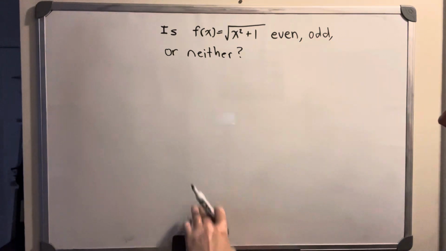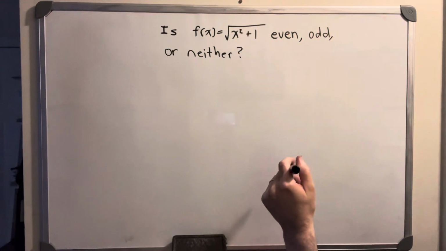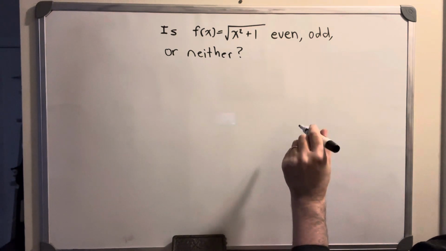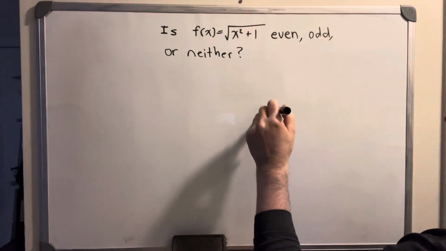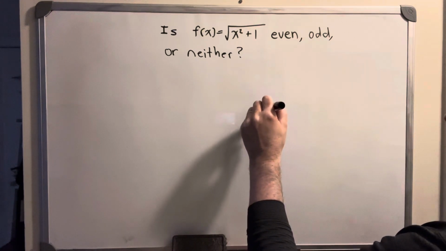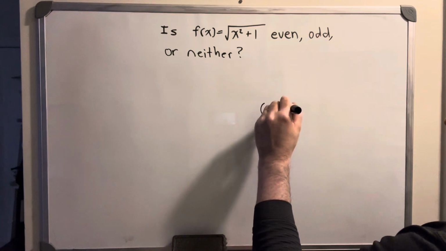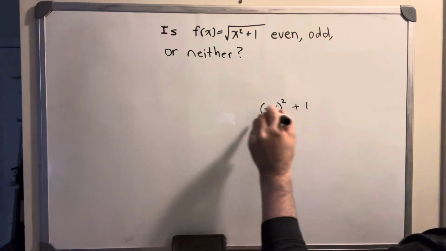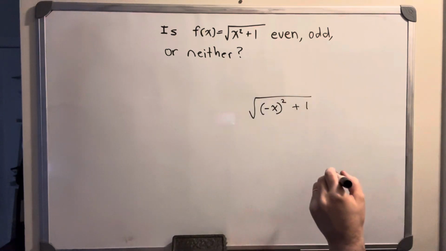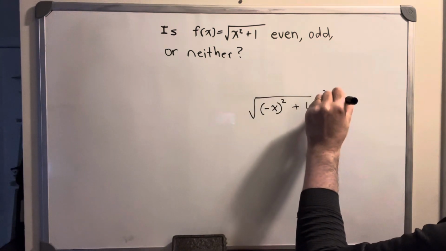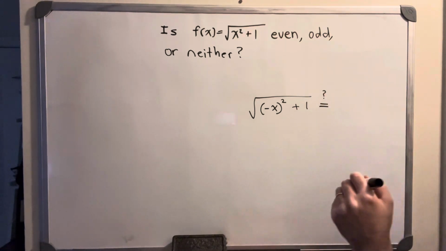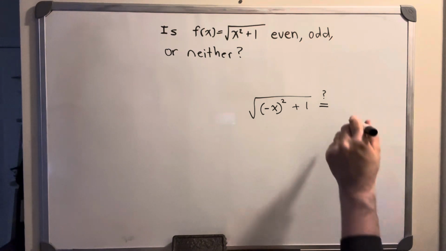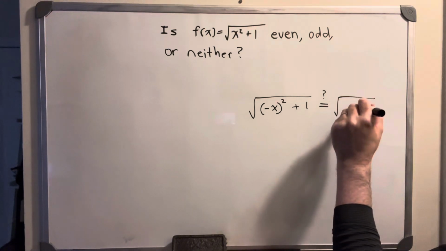Is this the case for this function? Let's replace x with minus x. So we have this. Is it the case that the square root of minus x squared plus 1 is equal to the square root of x squared plus 1?